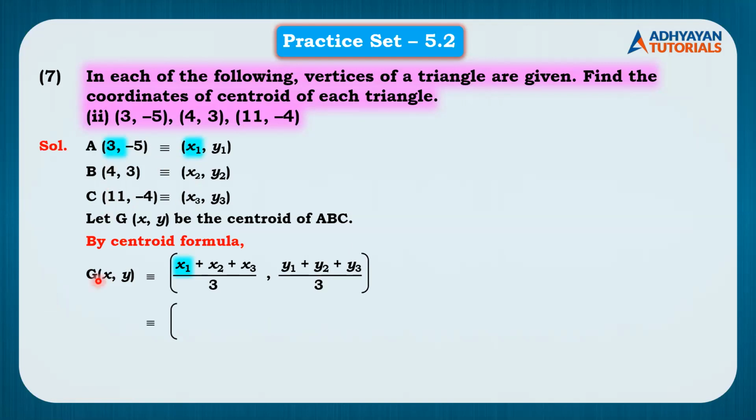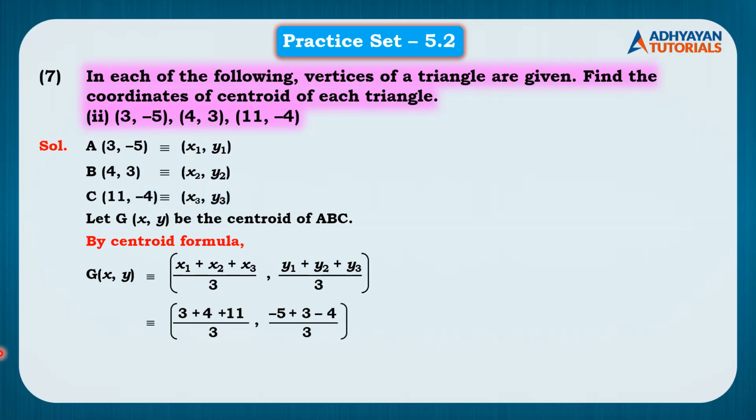So 3 plus 4 plus 11 upon 3, comma. Now y1 is minus 5, y2 is 3, and y3 is minus 4. So minus 5 plus 3 plus minus 4 upon 3.